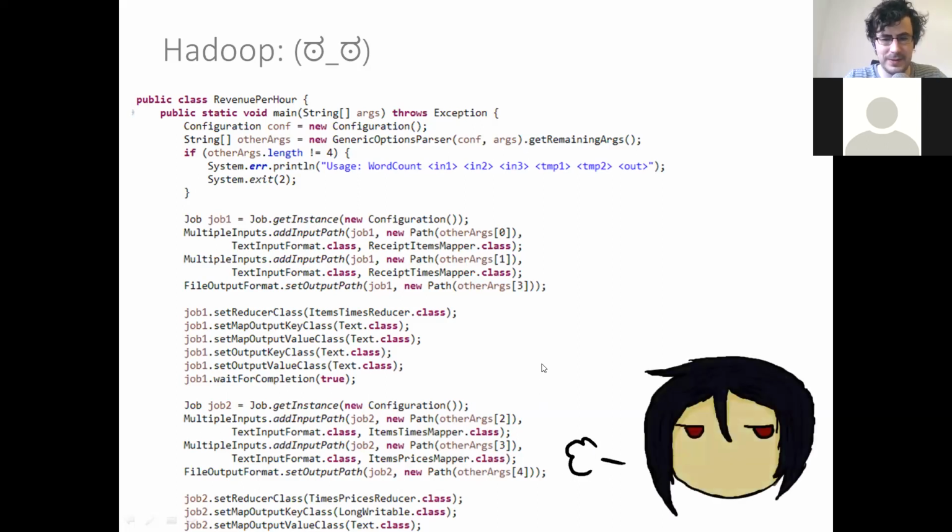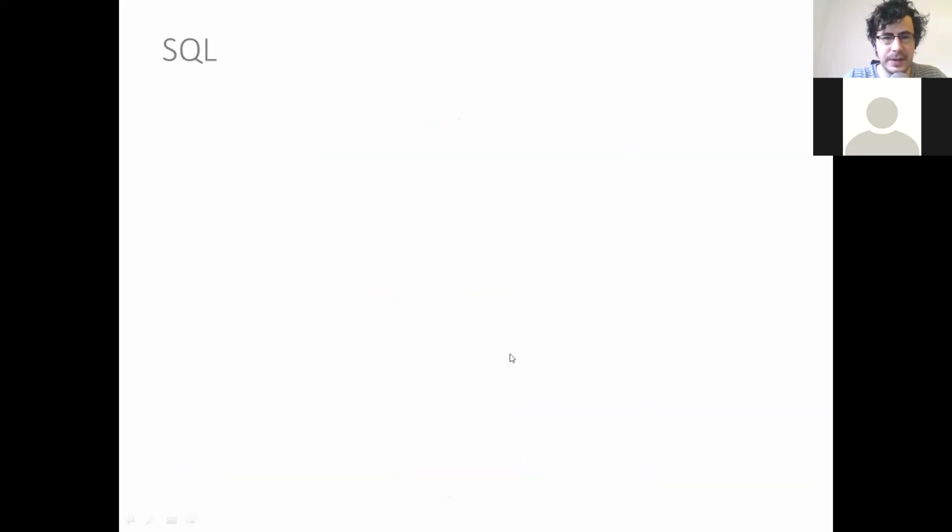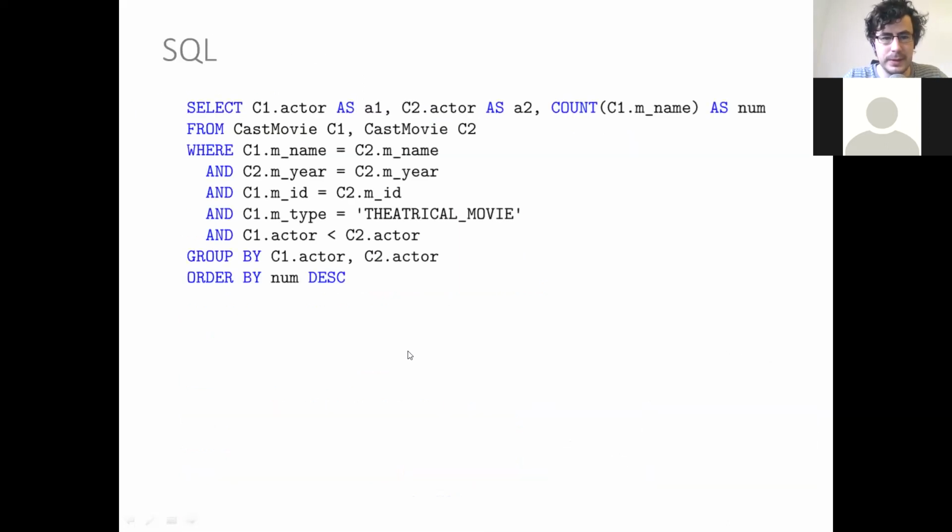There's quite a lot of syntax and boilerplate code to add. So if we were to think about writing something in SQL, this is essentially an SQL query that's equivalent to what you're looking at in Lab 3 at the moment.